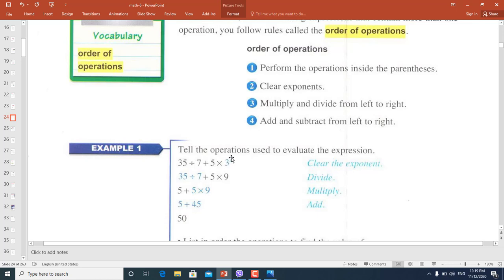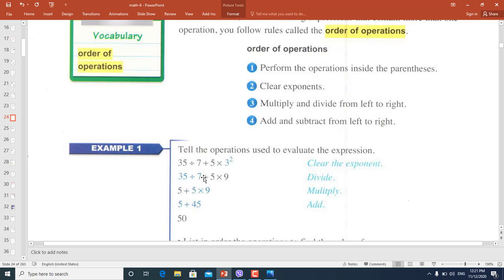This 3 has exponent 2, that means 3 times 3, so it's 9. After that, let's go to the third step. It's multiply and divide from left to right. So we will start at the left. Divide, yes, we have divide: 35 divided by 7 is 5.